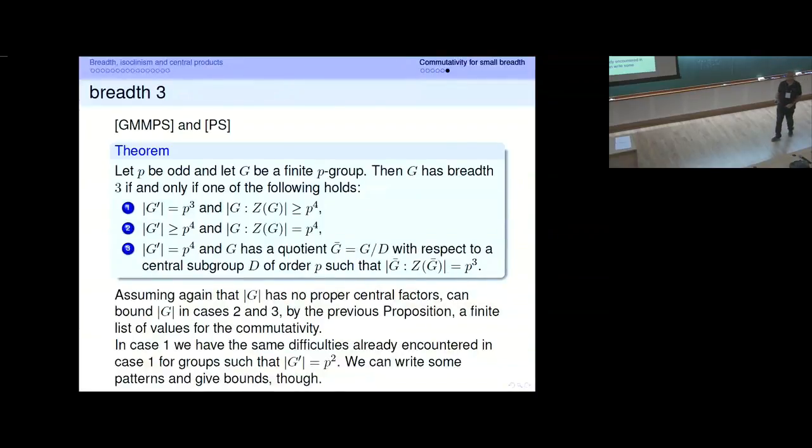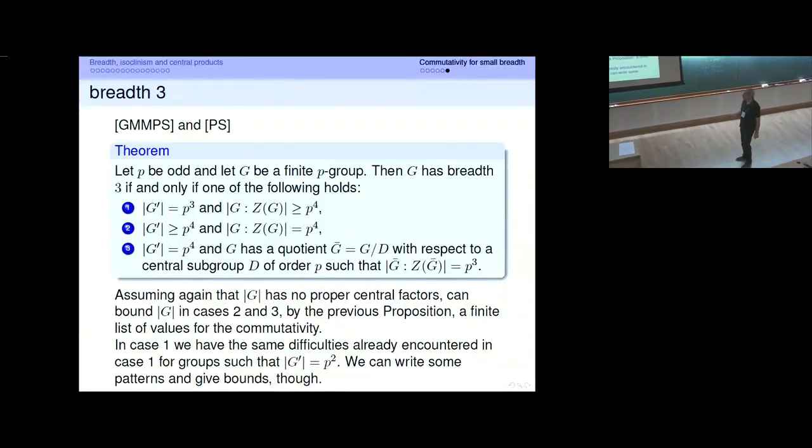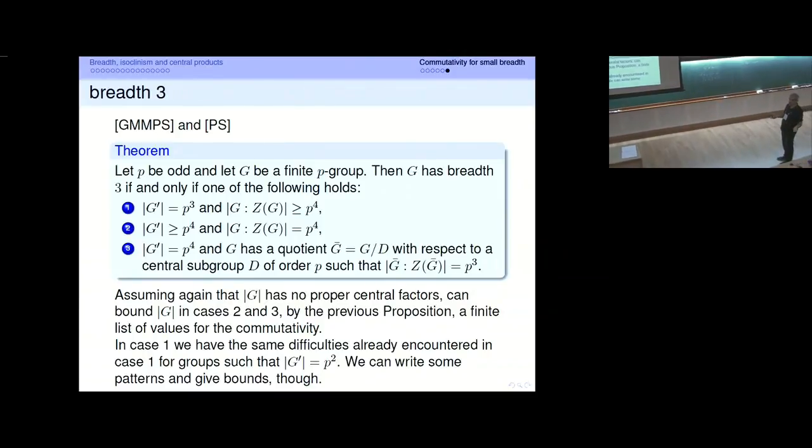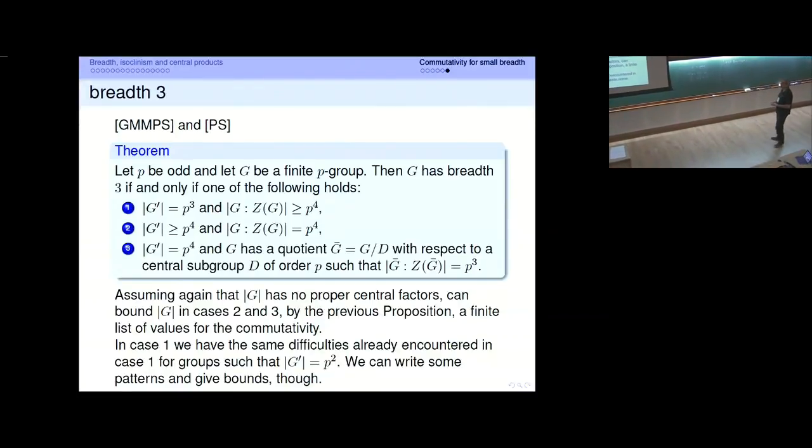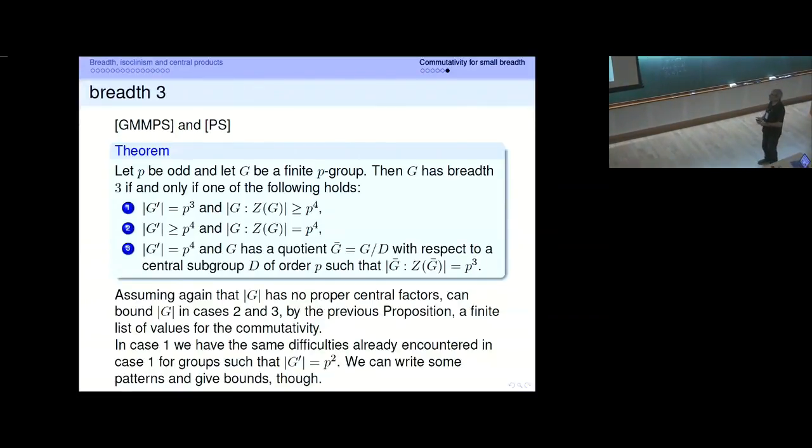That deals with groups in which the breadth of the elements are either 0, so central elements, or p to the 3rd power. And this accounts for part of result number 2. I'm very glad to mention it here, and this will be quoted in the final version of this paper.